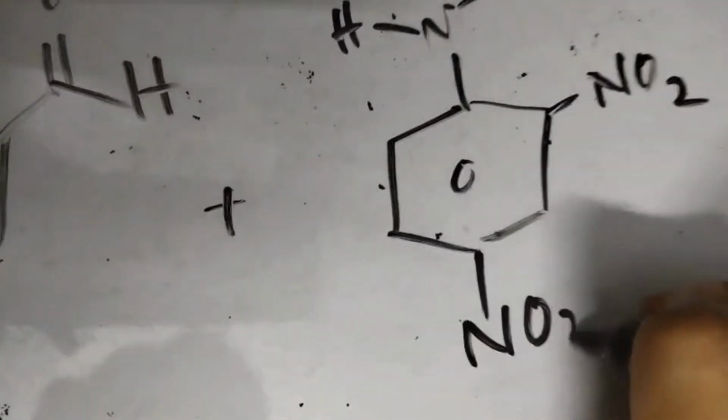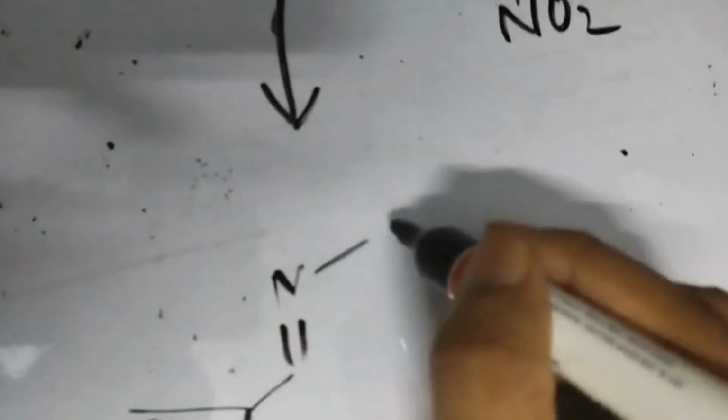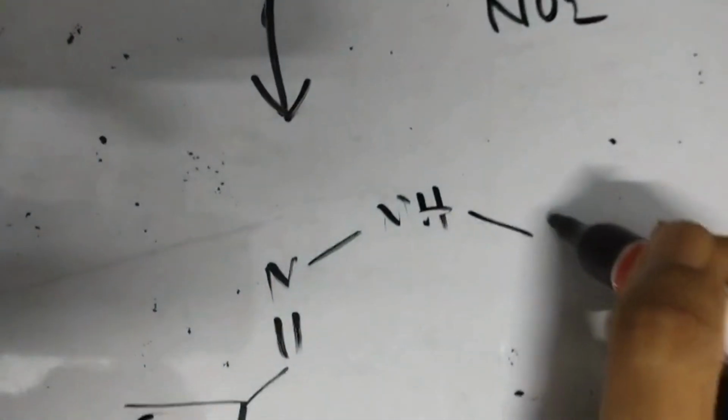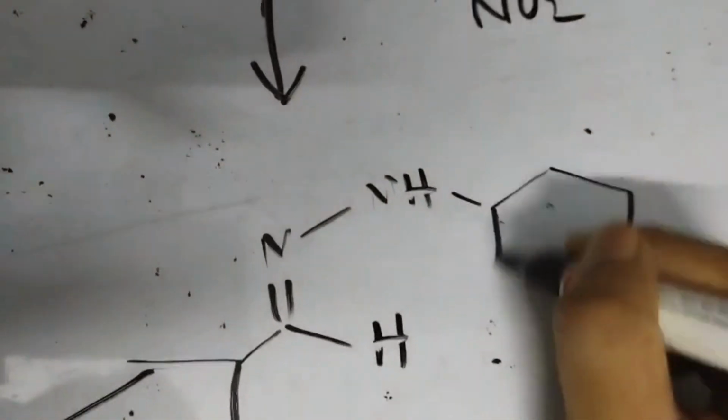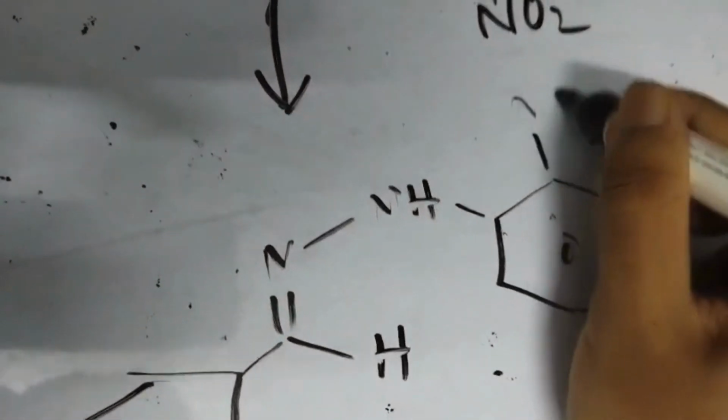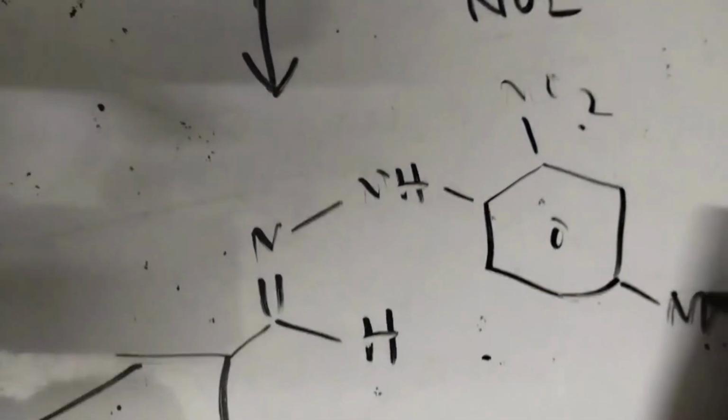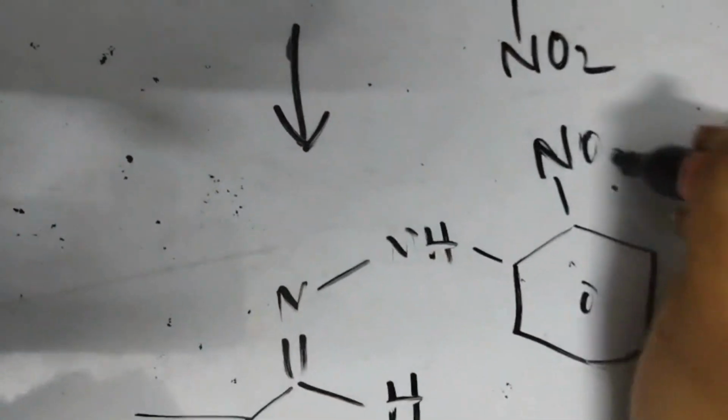So this is nothing but the reaction of the 2,4-DNP test, and we get the product as this. So if I draw this part as well, this is the product that is formed, it is Z.